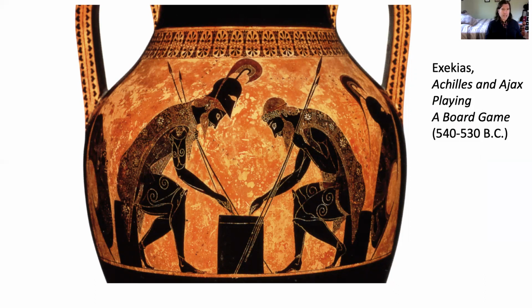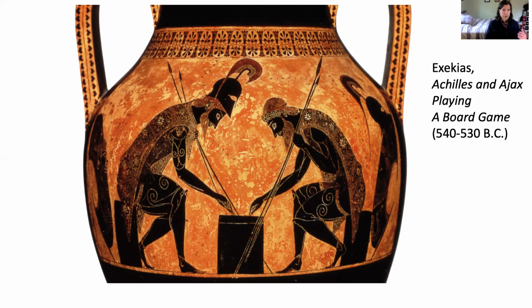So basically, Ajax was one of the least popular and regarded of Greek heroes. And I mention all this because what Exekias has done in this painting is give us some very interesting and subtle clues that Ajax is about to lose this game to Achilles.